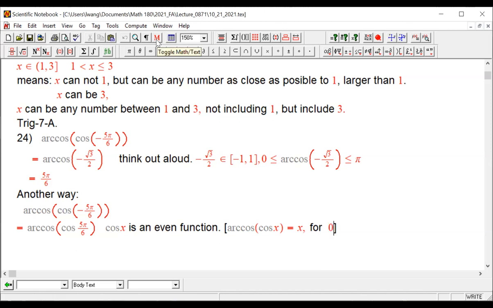If x is between 0 and pi. Remember we plotted those points, right? We plotted the points for the truncated cosine and the arc cosine, point by point. Do you think we did that for nothing? I hope not. So this applies because x is in the place of 5 pi over 6. So the answer is just 5 pi over 6.